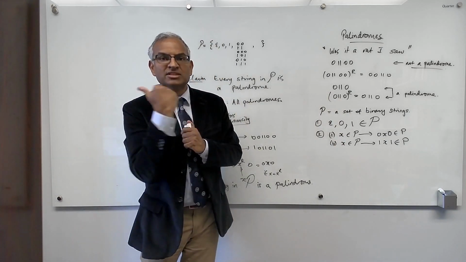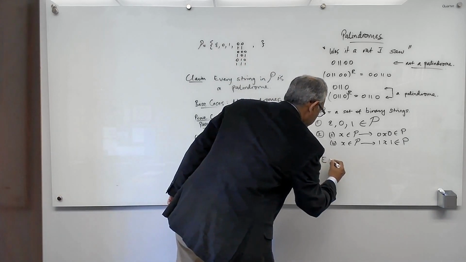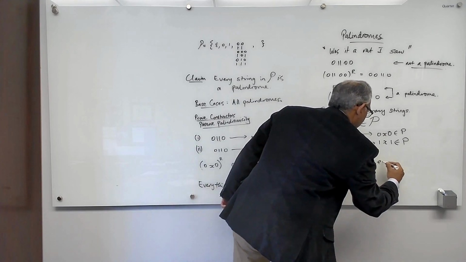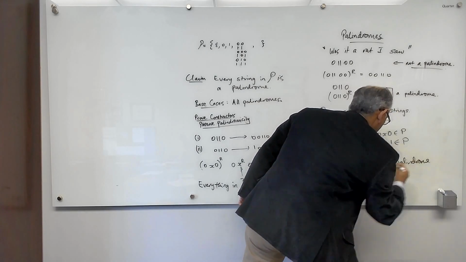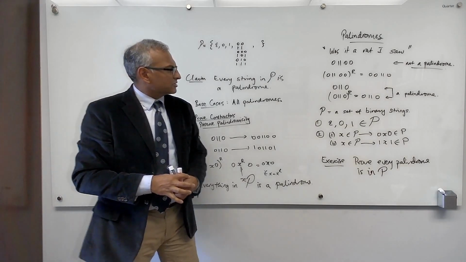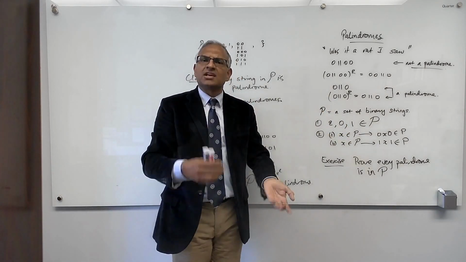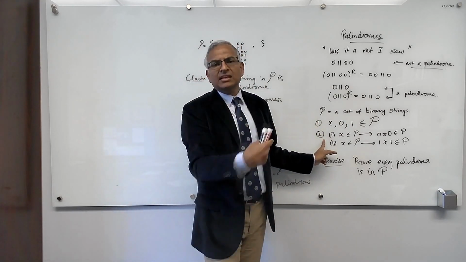Everything that's a palindrome is in P. So in other words, this is a recursive definition of the set of palindromes. Everything in here is a palindrome, and everything that's a palindrome is in here.